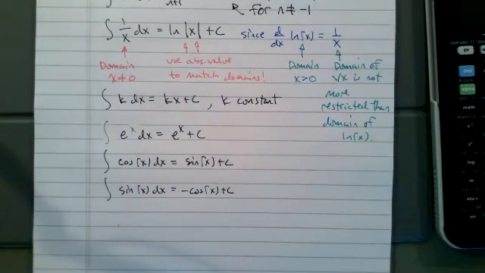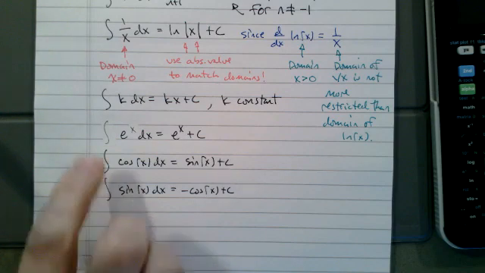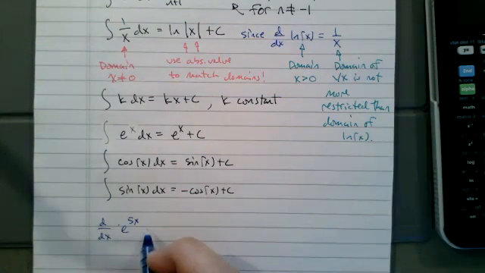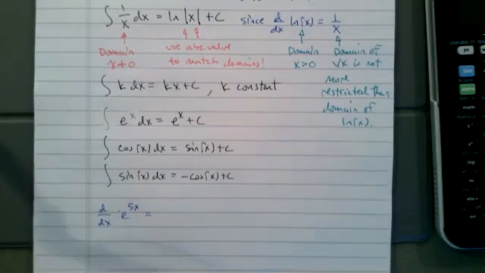So I want to add to this list here. I want to modify these last three because they are too restrictive. Here's something that we know. The derivative of, let's say, e to the 5x, we have to use the chain rule.